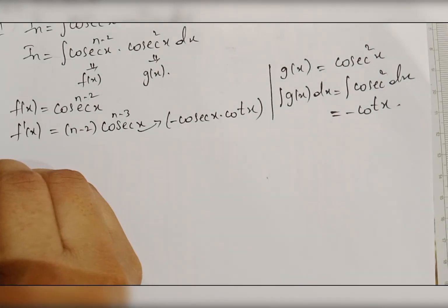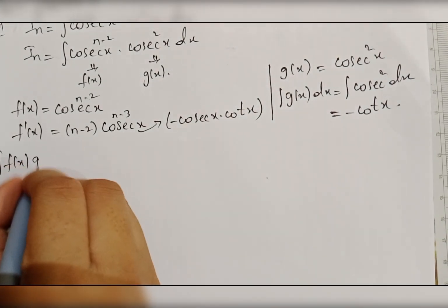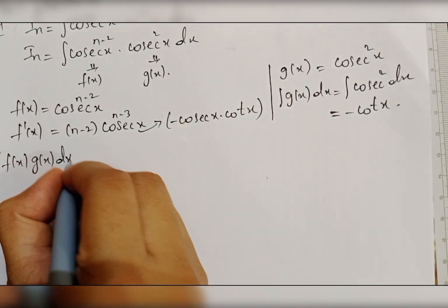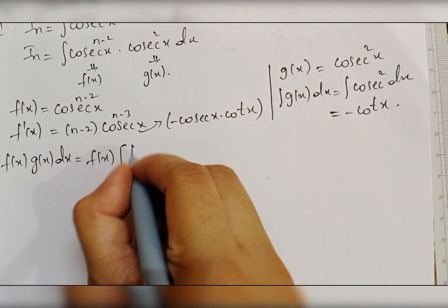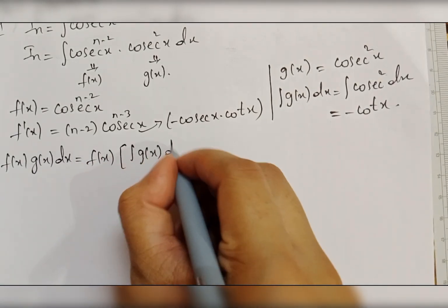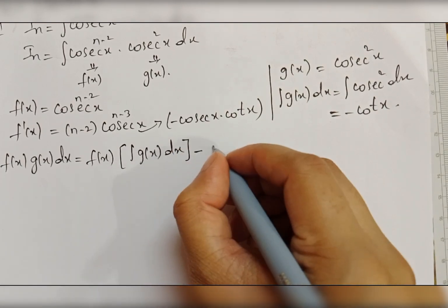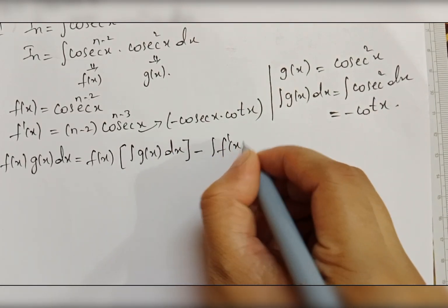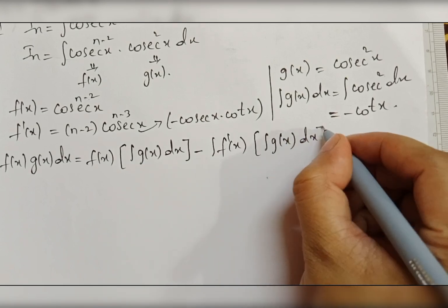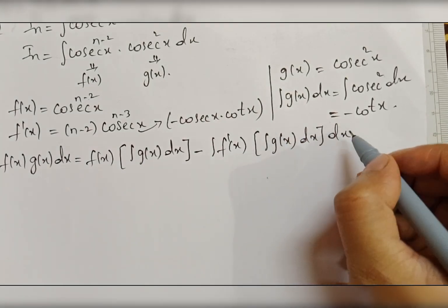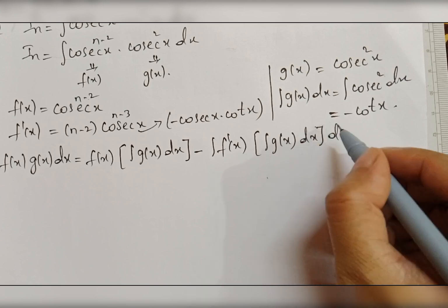Okay, now writing the integration by parts formula: integral f of x g of x dx is equal to f of x integral g of x dx minus integral of f dash of x into integral g of x dx, whole dx, right?